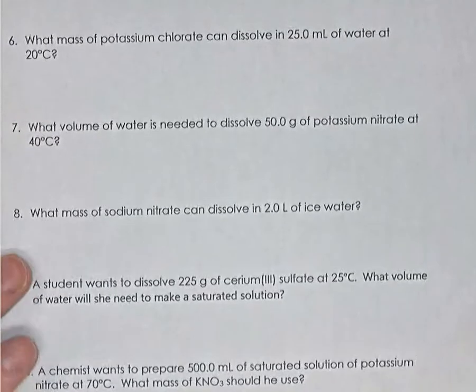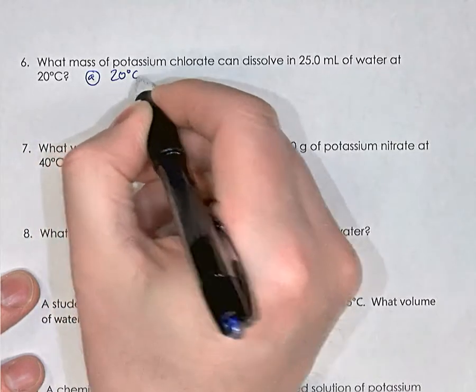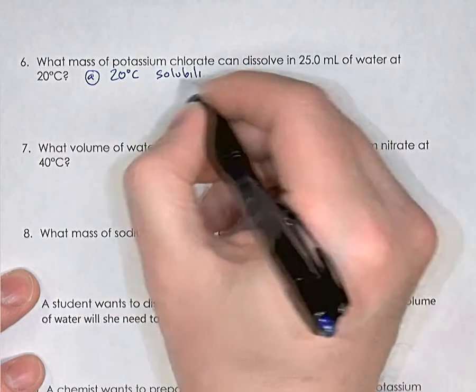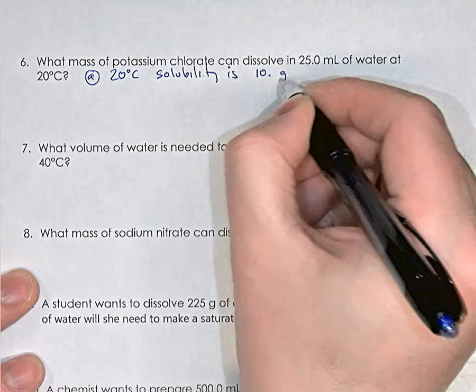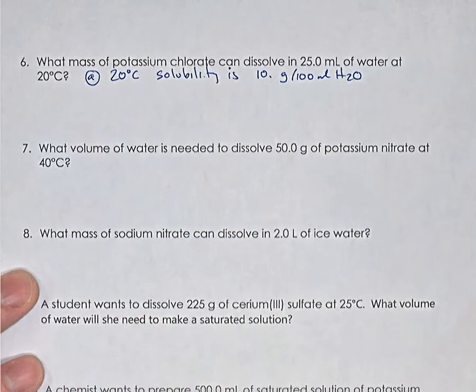So at 20 degrees Celsius, the solubility of the potassium chlorate is 10 grams for every 100 mils of water. And remember, that's a unit multiplier. So we have 25 mils of water, and we want to know what mass can dissolve.